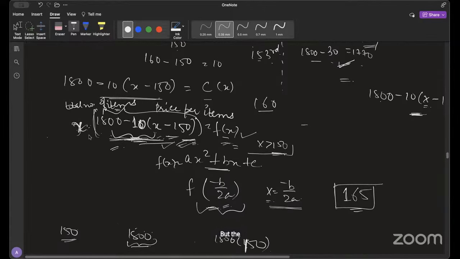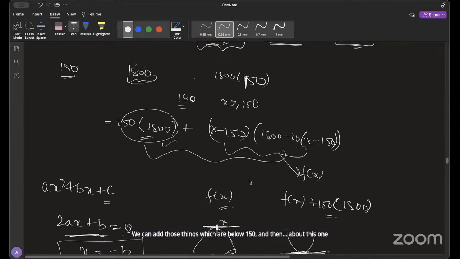But the problem is that if you take the items to be 140, we can't take that here, right? Negative ones, those below 150, are not permitted. It's for x greater than 150.